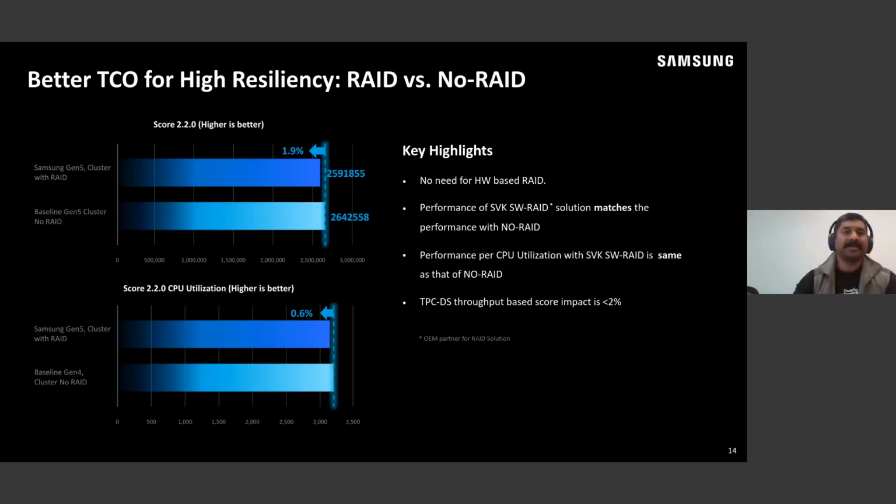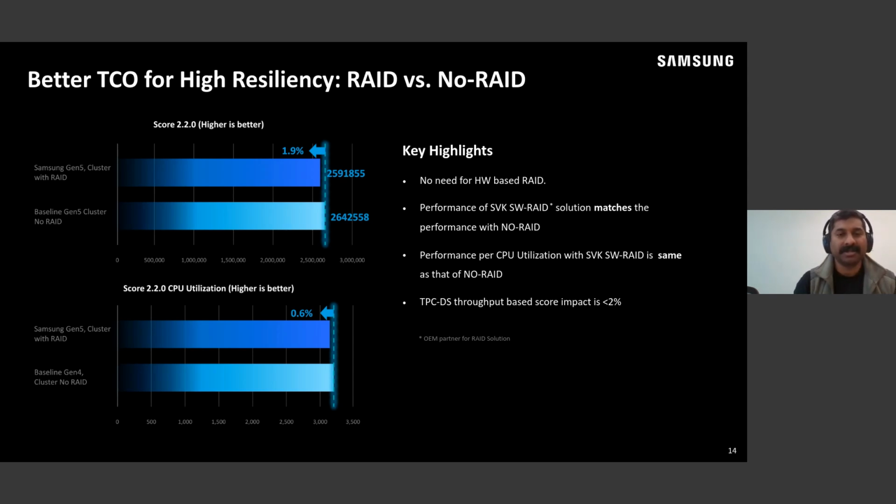Okay. So there was a question on the RAID. This is our RAID performance testing, again with 3 terabytes of data and all other configuration exactly the same. We have run the RAID against no RAID, and just to recall, the performance is a combination of loading and query execution, in both single-user and multi-user mode.